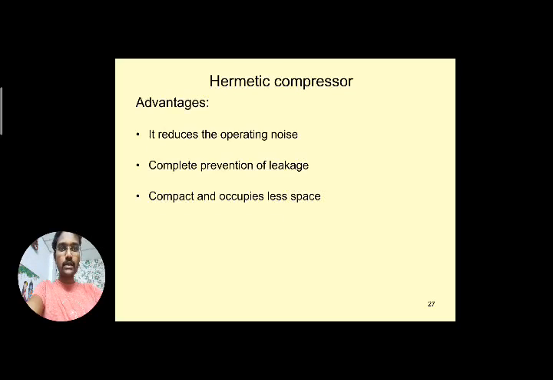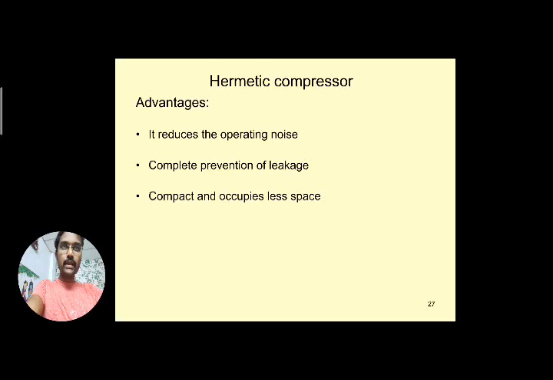Next, coming to the advantages, a lot of advantages can be seen by using this hermetic compressor. Why they are mostly used: compared with other compressors like the open type and semi hermetic, more advantages are there in the hermetic compressor. A lot of noise can be reduced.